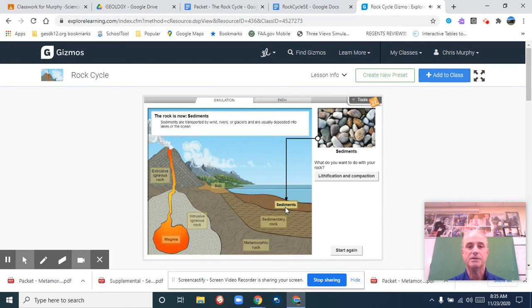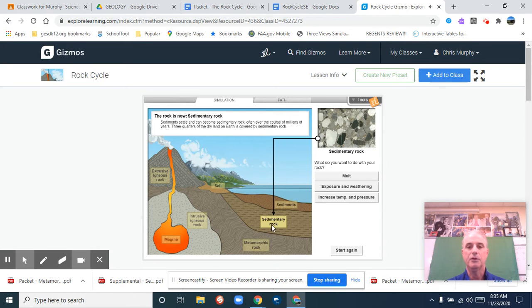It brings us sediments, so we're a little bit closer to where we're supposed to be. The sediments are transported by wind and other things to a different point. Then we push lithification and compaction, and we get sedimentary rock. So that is actually the process.